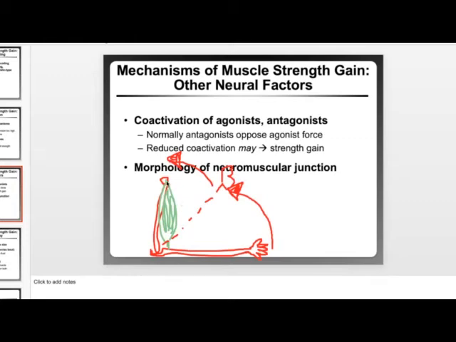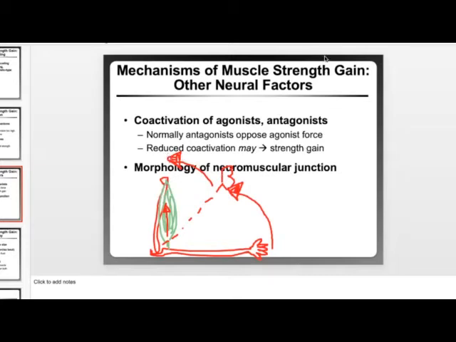Now, another way of asking the question is, when this muscle fires, it's like the gas pedal. And the gas pedal, when the muscle fires, is going to pull the hand in this direction. What's going to stop that? What stops that motion from happening?